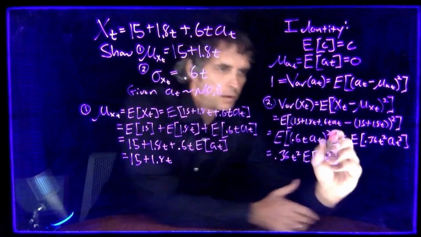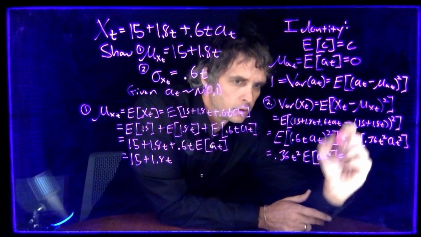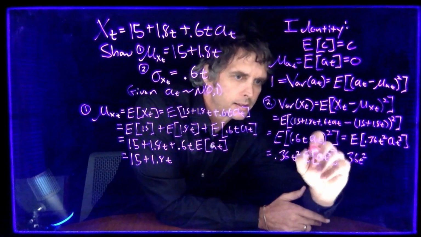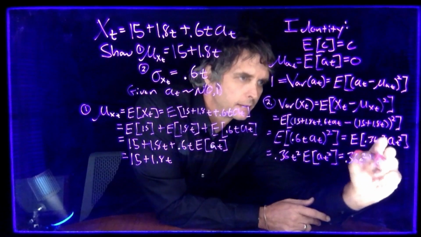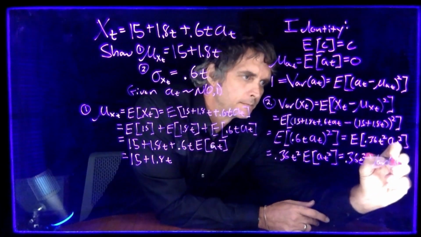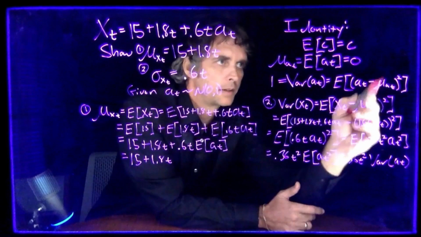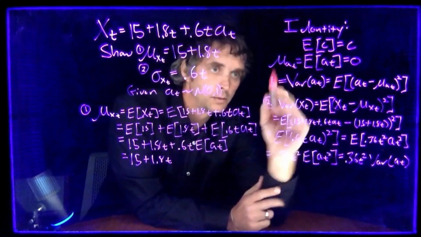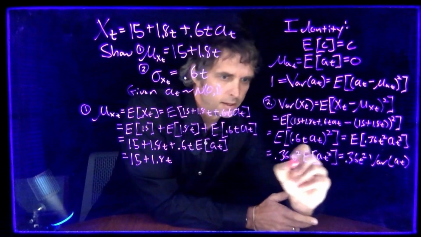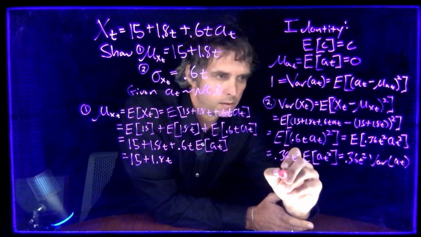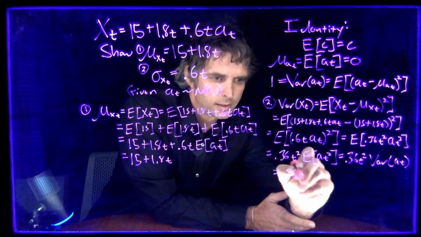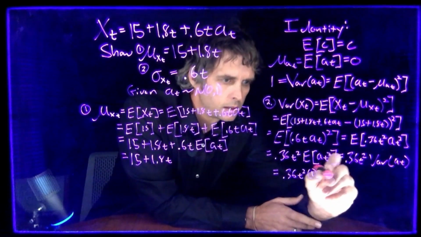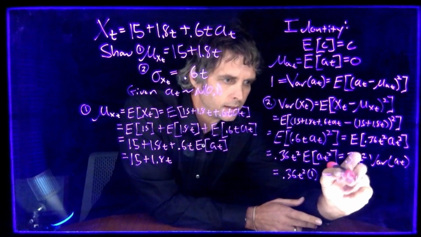So I'll rewrite just to be super clear what we're doing. 0.36 t squared, that's the same as the variance of at, again because mu at is 0. And so the variance of at is just equal to 1. And we see that this equals 0.36 t squared times 1, which equals 0.36 t squared.